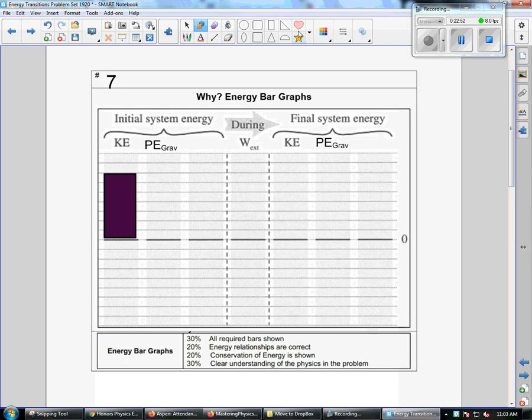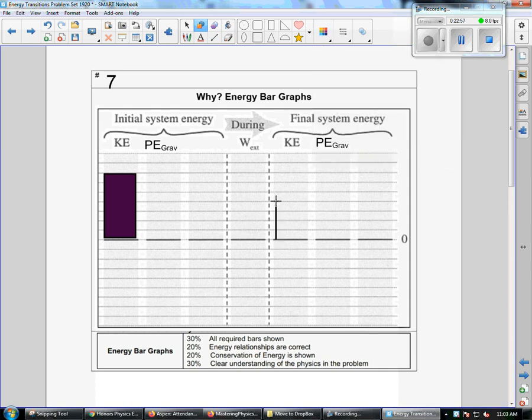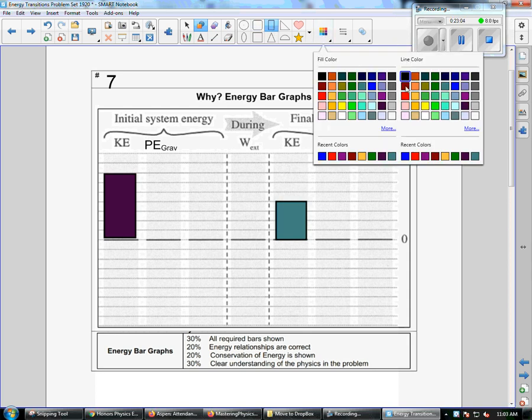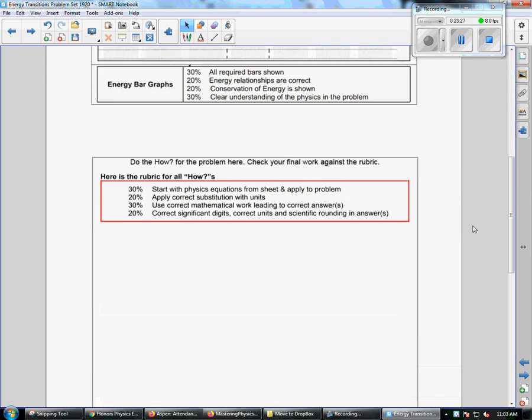So then at the top here, its KE is going to be lower, and its PE grav is going to have increased. Okay? Does everyone agree with that lot? I hope so, because it's right.